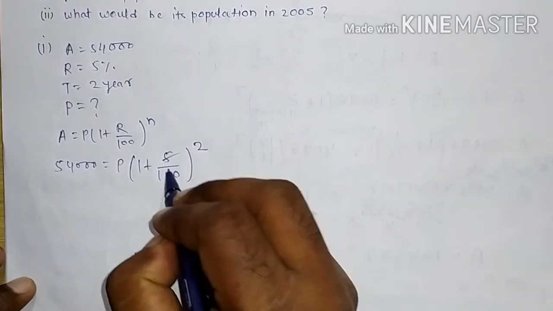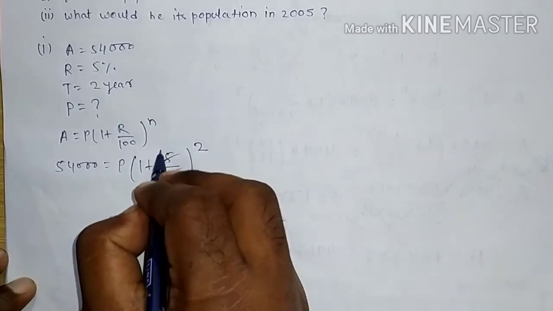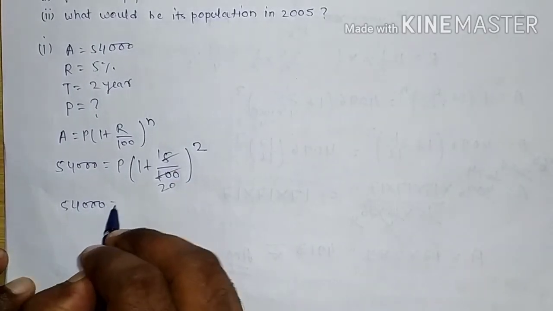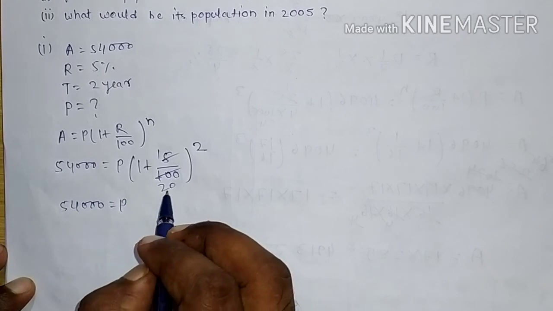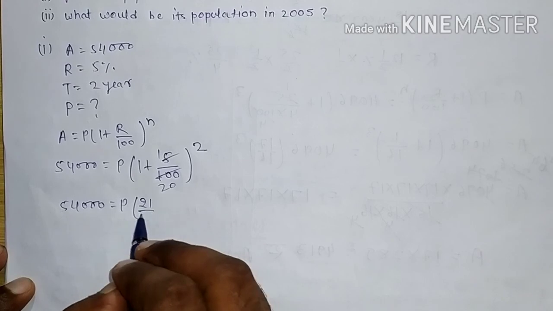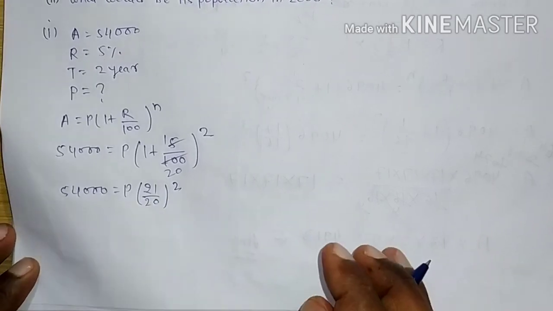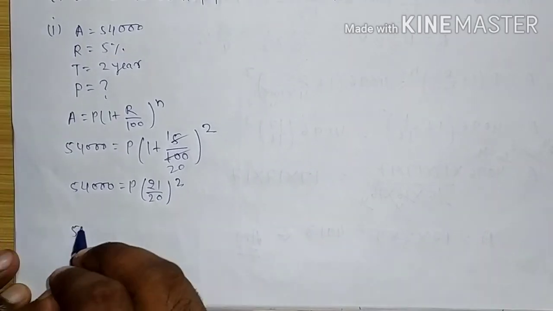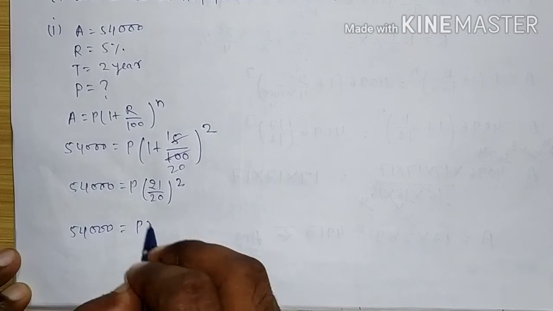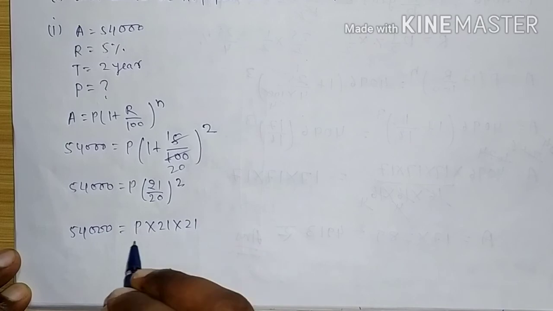So just simplify it. 5 2 is 10, 0. So it will 1. 54,000 equals to P into 20 plus 1, that is 21 upon 20, to the whole square. So 54,000 equals to P into 21 into 21 upon 20 into 20.